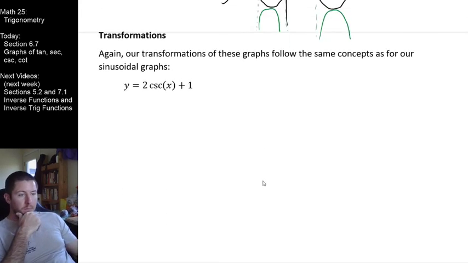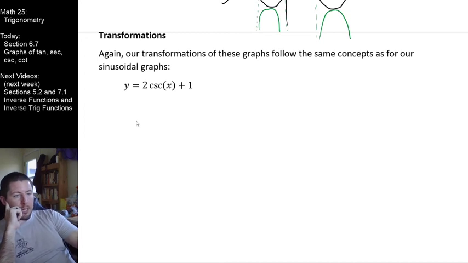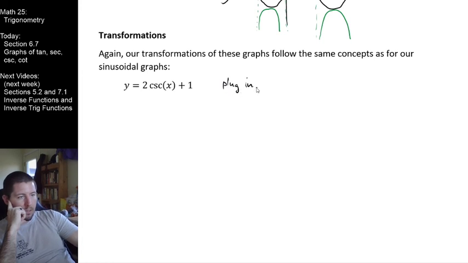Help ourselves out. So I'm going to do this as a series of transformations to help myself. I know that if I were to plug in a number x, the order of operations would be first evaluate cosecant, then multiply by 2, then add 1. This will be kind of our last thing we do here.